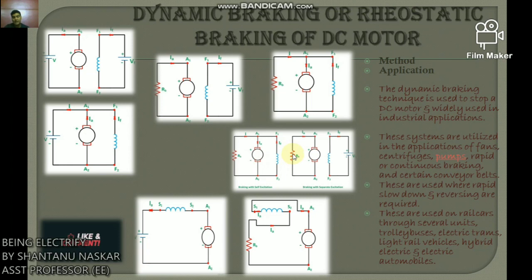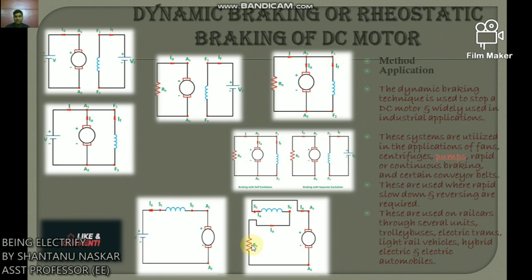Now for dynamic braking, the series motor is disconnected from the supply. A variable resistance RB, shown in the figure, is connected in series and the connections of the field winding are reversed. Look here, an RB is inserted here.